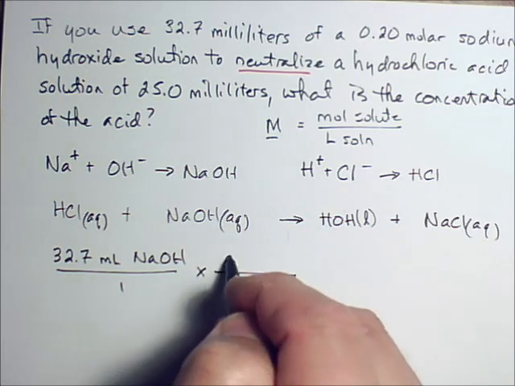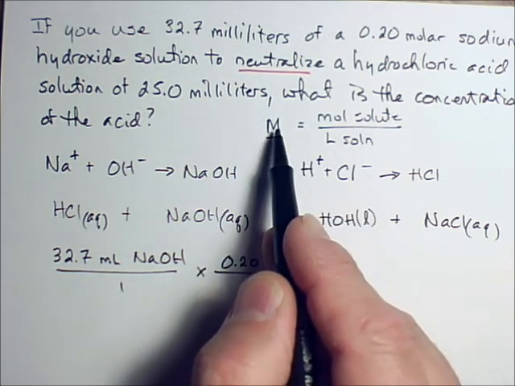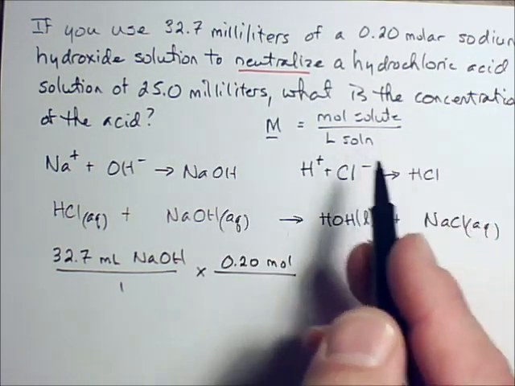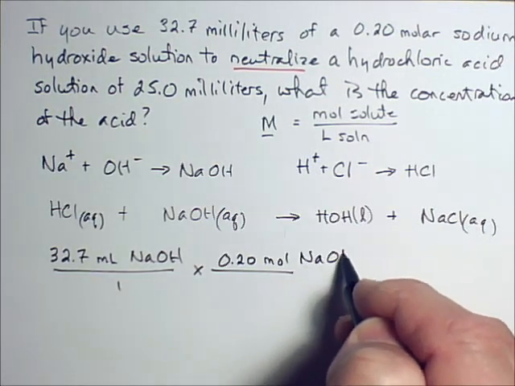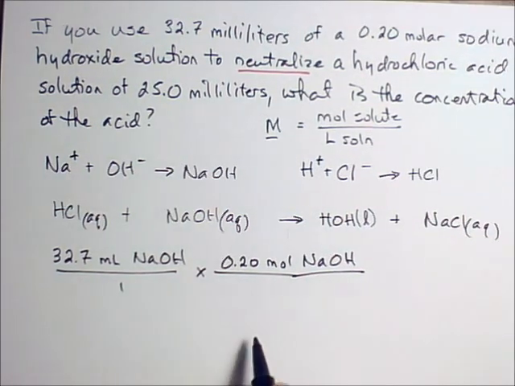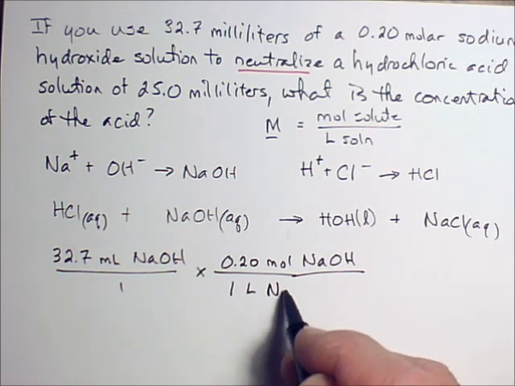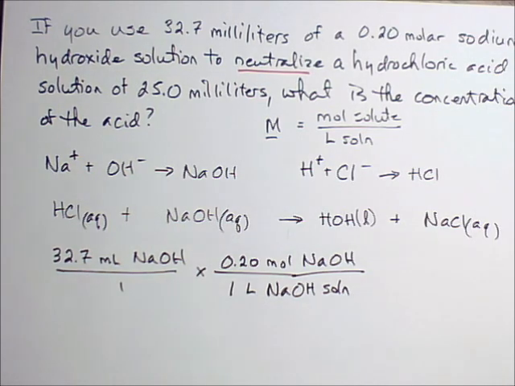Watch me. 0.20 moles, because if molar means this, it means both of these, doesn't it? Moles of this sodium hydroxide over 1 liter of this sodium hydroxide solution. That makes sense?